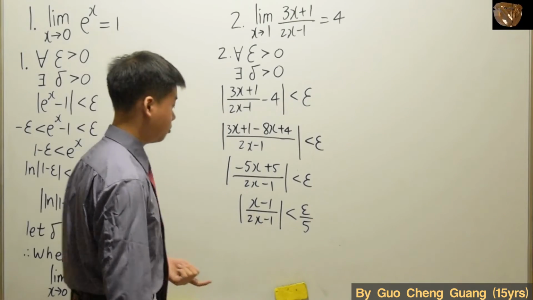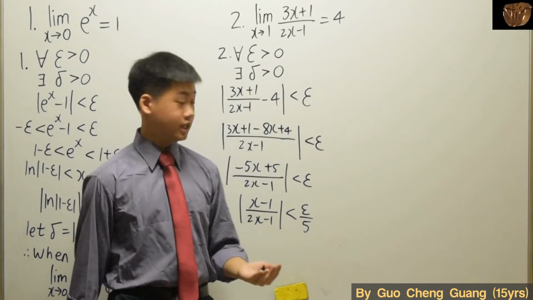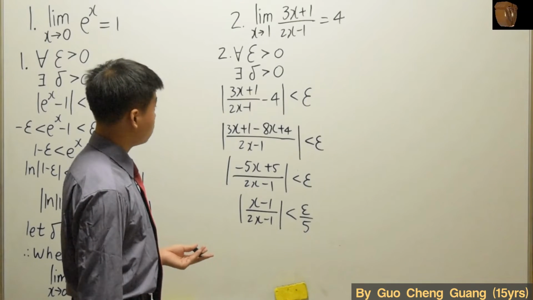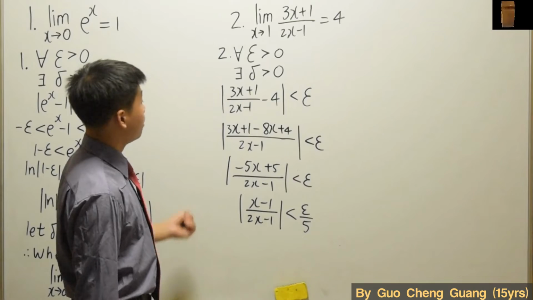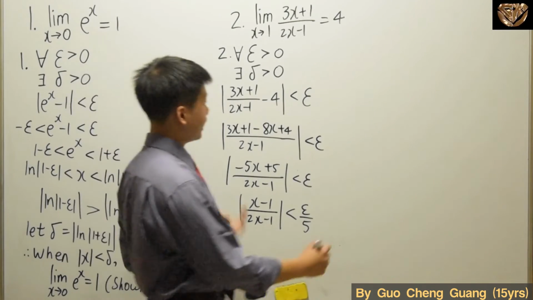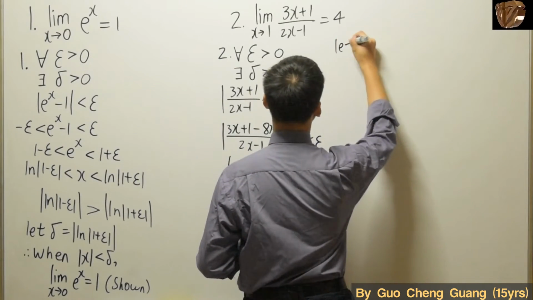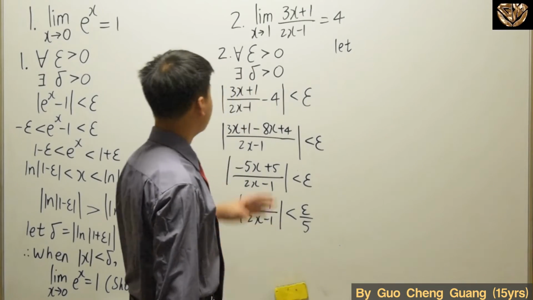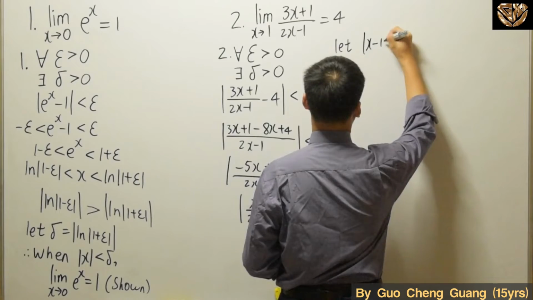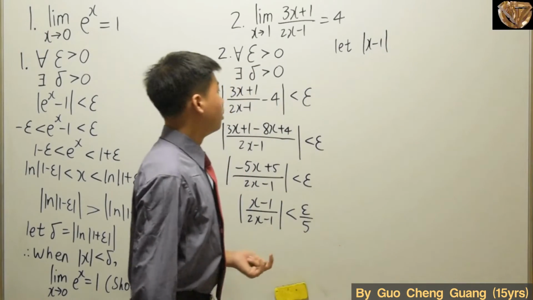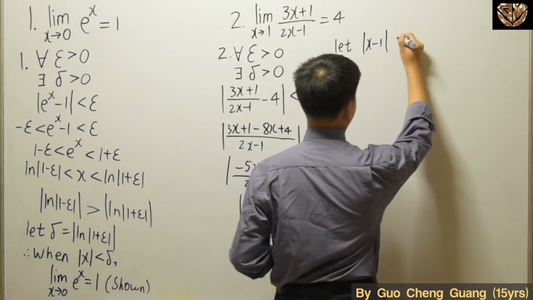Now comes the problem. How do you find delta? There are a variety of ways you can choose, but first of all, let's assume something. Since x approaches 1, how about |x - 1|? Now, what does this need to be smaller than?